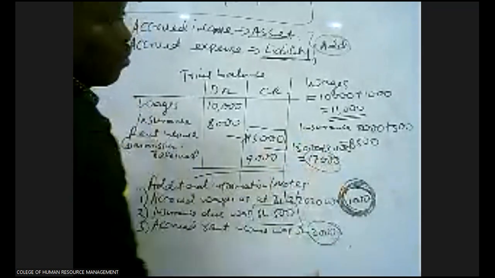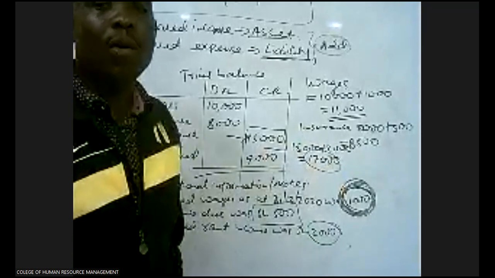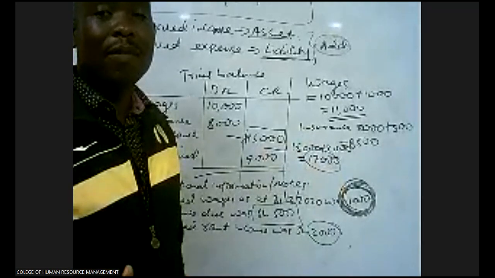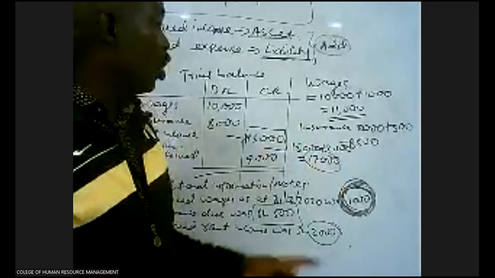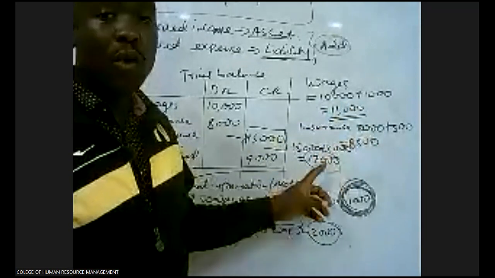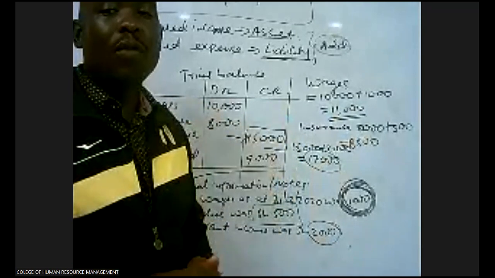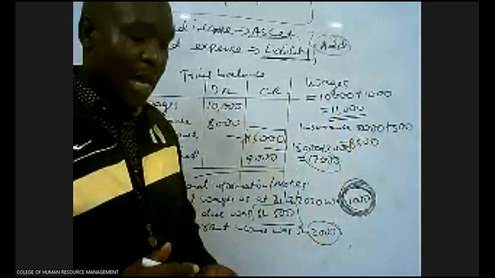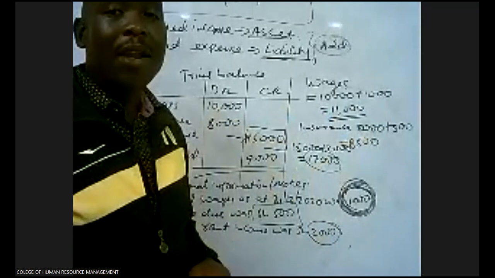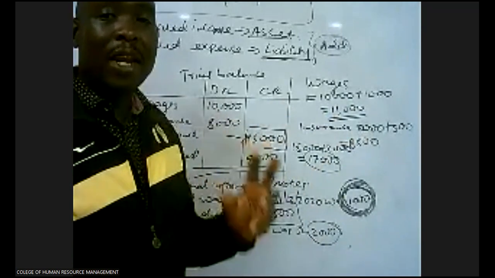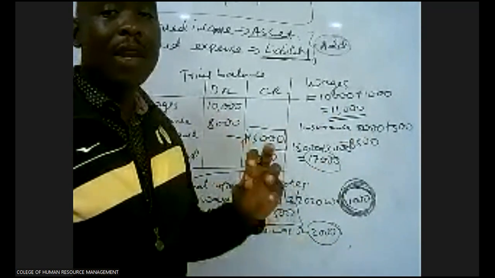So at the end of the day, you need to realize that when it comes to accrual, whether it is an income or an expense that is accrued, what you need to do here is add the accrued amount to get the total amount of revenue or the total amount of expense that was supposed to be incurred in that financial year. And then you ask yourself, was this accrued amount an income or an expense?